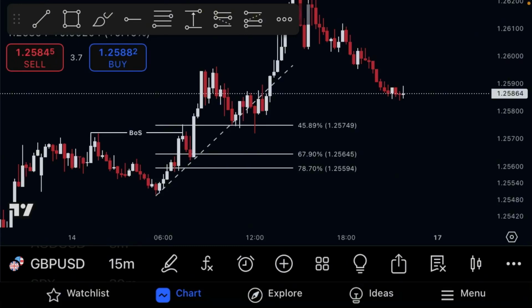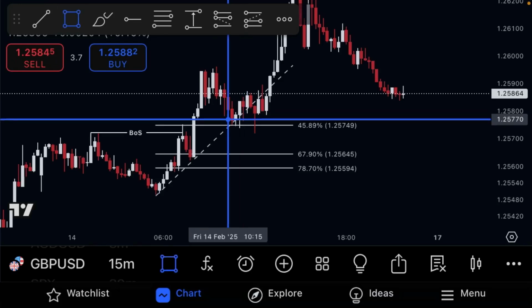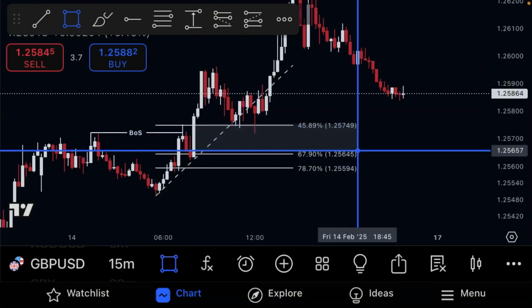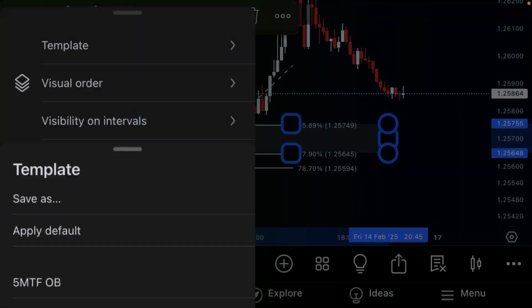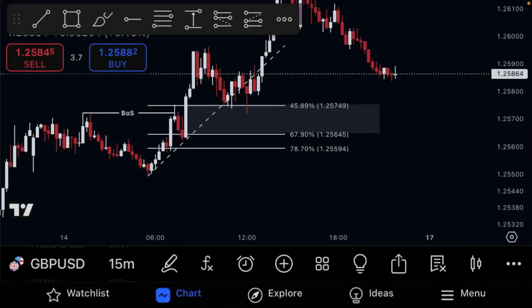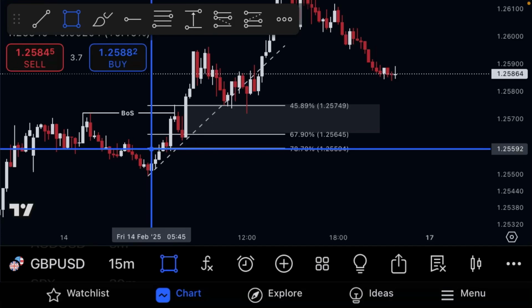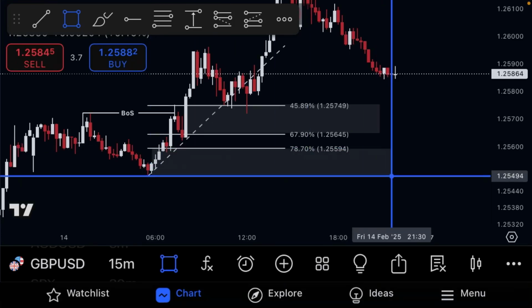Now remember, the first thing you need to do is to identify the trend. Once you have identified the trend, then you can start looking for the right locations to take your trade. We want to take trades that come in this area, which is the first one we're going to be listing out, and we also want to take trades that come in this area as well.